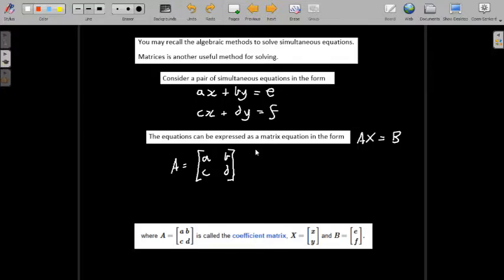After that, we've got the unknowns, which are x and y. So start off with, find your coefficient matrix. Your unknowns are going to be just the x and y. And using this general equation over here, we have B, which is going to be e and f.